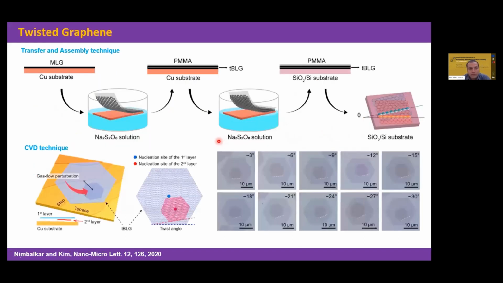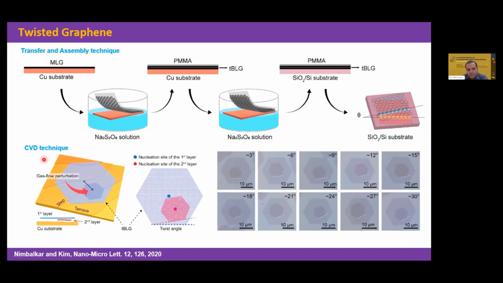So in literature, the typical methods one uses for making twisted graphene, one of them is a mechanical procedure where two layers are independently synthesized with chemical vapor deposition or by mechanical exfoliation, and then they are brought under certain rotation and brought in contact, and a desired angle can be created, as shown.